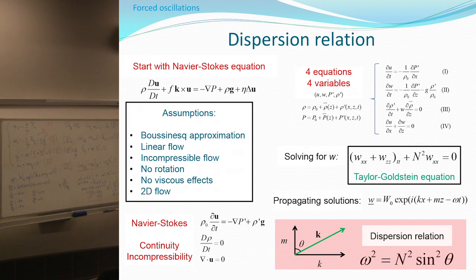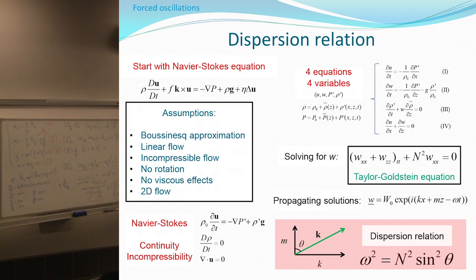If we make a plot of the wave vector, which we call K, it has a horizontal component, small k, and a vertical component, m, and we call theta the angle of this wave vector with respect to the vertical. Then what we recognize here, k squared over k squared plus m squared, is simply sine squared of this angle theta. So this is a simpler way to write the dispersion relation.